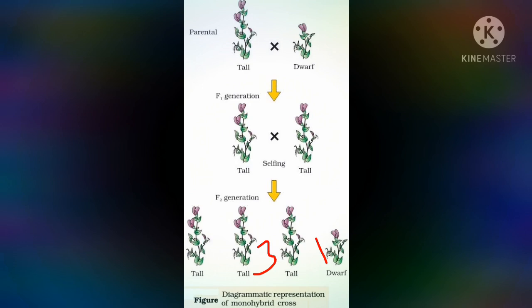This is called the monohybrid ratio, and in all Mendelian crosses it is 3:1 only. So these are the different steps followed by Mendel for his monohybrid cross.